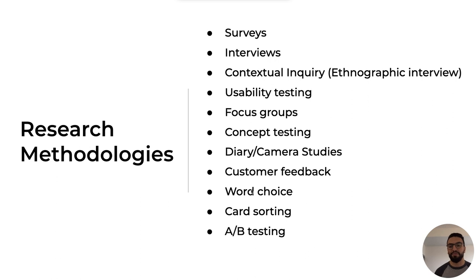So next up, what you need to think about is research methodologies. I think research methodologies really fall into one of two main buckets: quantitative research and qualitative research. Quantitative research is any research that can be measured numerically. It answers questions such as how many people clicked here, or what percentage of users are able to find the call to action.